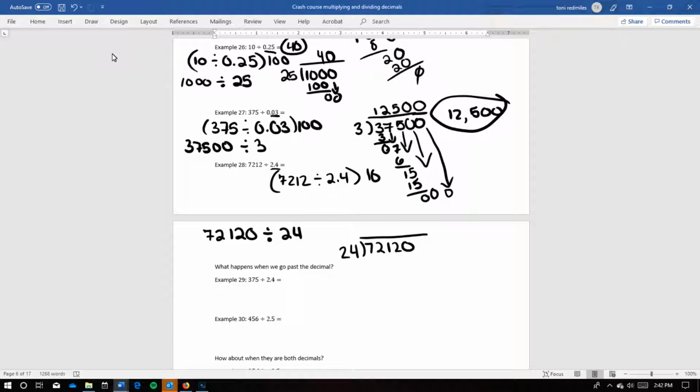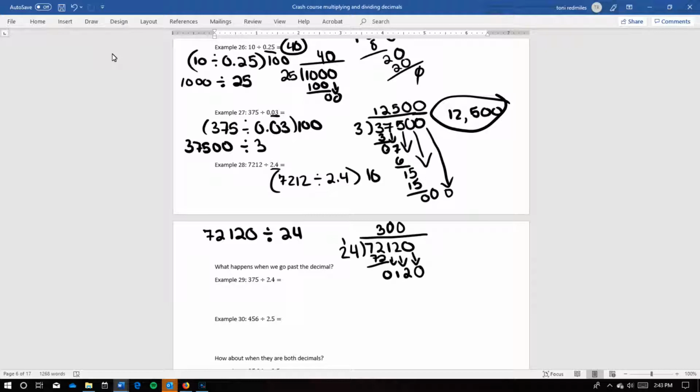Okay, so 24 goes into 72 3 times. 3 times 24 is, let's do that, 12 first, 6, 7, it's exactly 72. 24 cannot go into 1, but I need a holder right there in that place value, so I'm going to put a 0. That way I can get over to the next place value of 2, which makes a 12. 24 cannot go into 12. So again, I need a place value so I can drop down my 0.